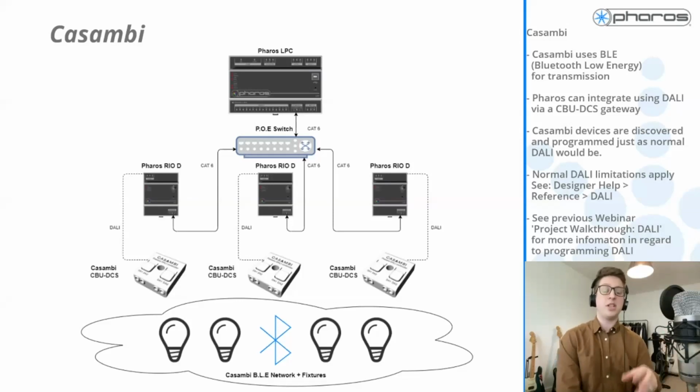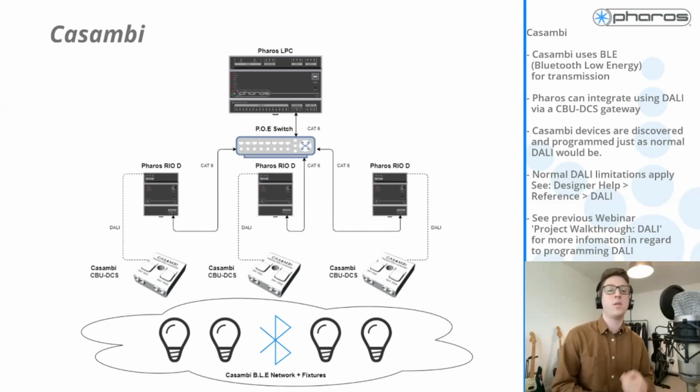Now, in terms of how you would set this up, it pretty much runs just like any other DALI system that you've encountered. So you can discover the DALI devices in Designer. Then you can program them using actions, or you can even program them in the scene view within Designer as well, and send commands out to it that way. It's pretty much the same as any other DALI system.